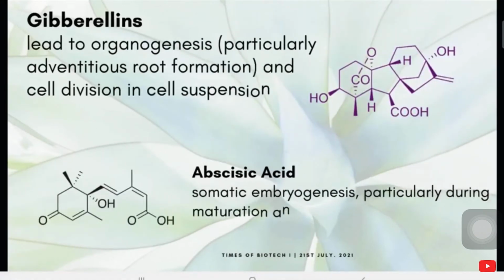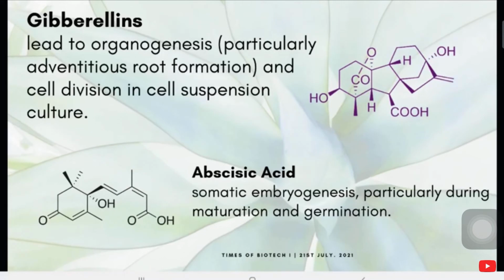Other hormones which are also utilized in plant tissue culture are gibberellins and abscisic acid. Gibberellins are used for organogenesis, particularly in adventitious root formation, and cell division in cell suspension culture. Now, the funniest part is that even though we know 70-plus gibberellin compounds, we utilize only a few forms of it.